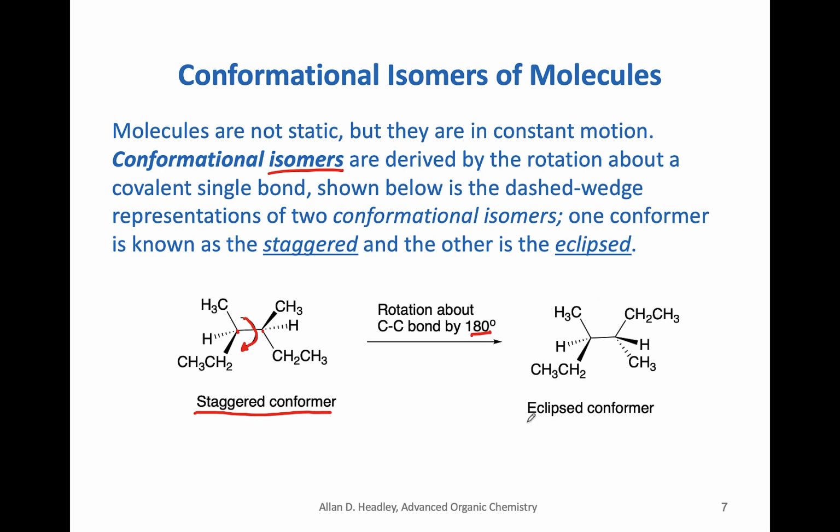So we'll get the eclipsed conformer. So these are conformational isomers that are derived by the rotation about a carbon-carbon single bond. So that's by definition what conformational isomers are, and these are different from enantiomers and diastereomers that we saw last lecture.